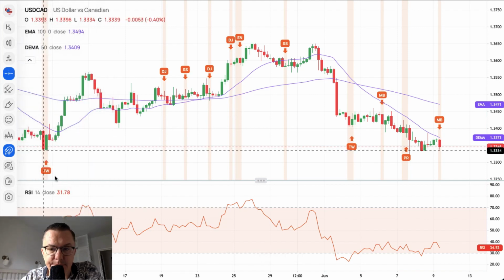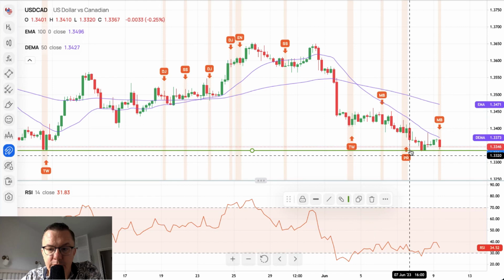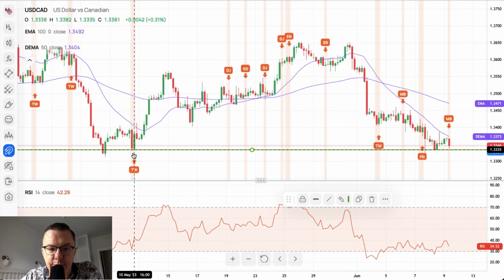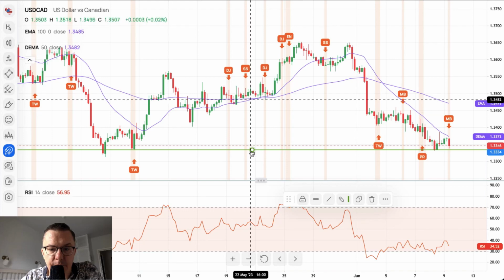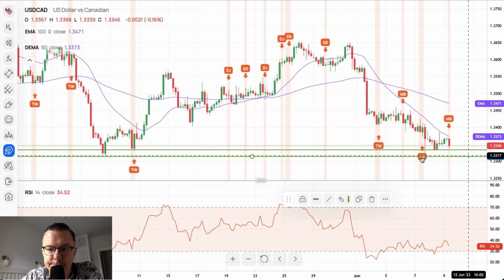So we got the level of a technical support here, 1.3334. This level had been violated briefly. 26 pips was the violation, and we got one more apparently level of the technical support here, very important level, 1.3314.